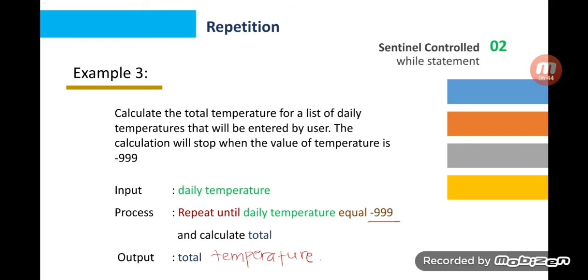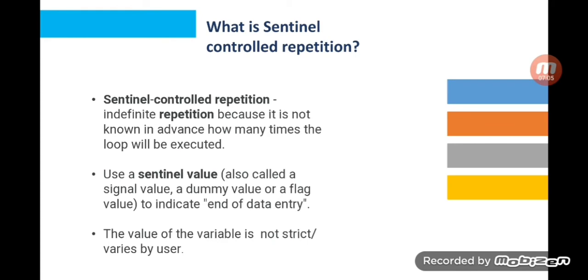So this example does not have a strict or specified value of counter. So ini kita panggil sentinel control. Okay, so ini maksud sentinel control. What is sentinel control? Repetition.